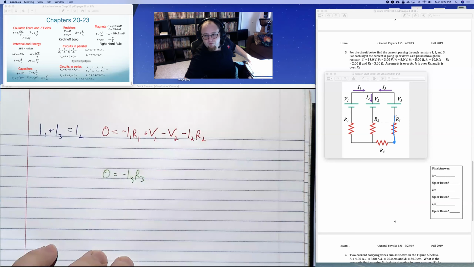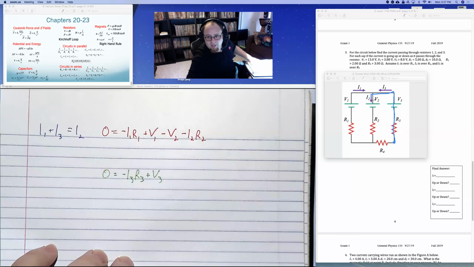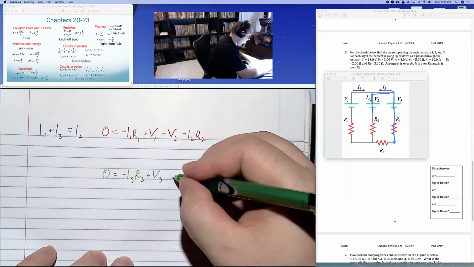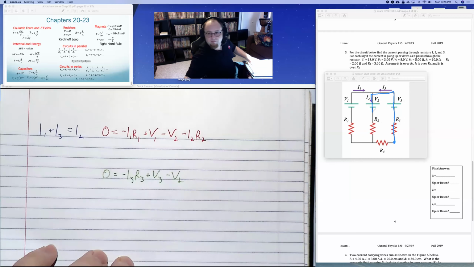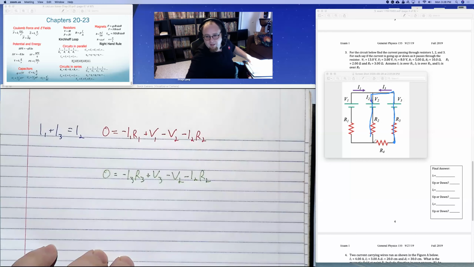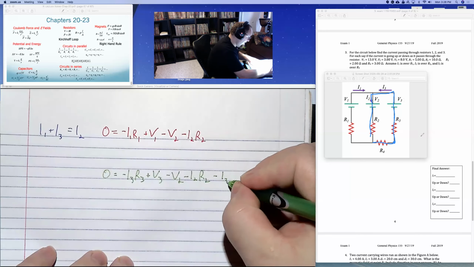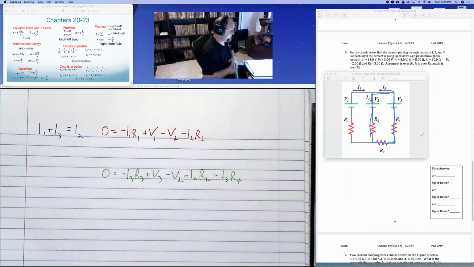I then go over V3 in the same direction as the battery. I then go over V2 in the wrong direction. Over R2 with the current. And then through R4 with the current still. And that's I3 R4. Got to be careful though.